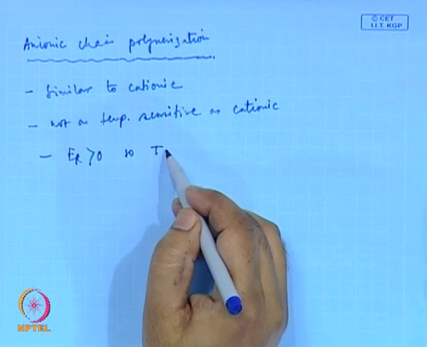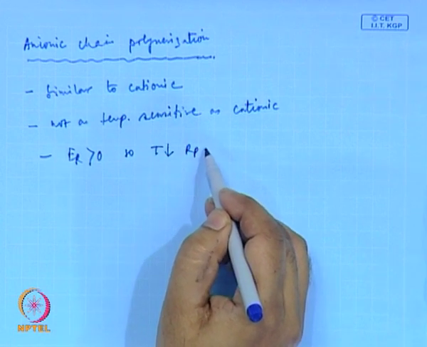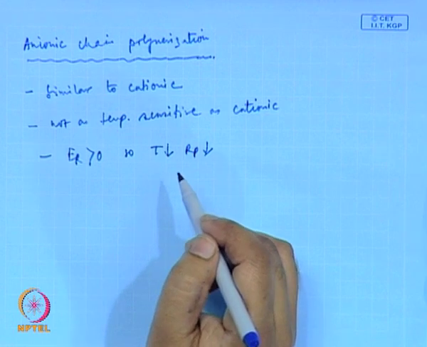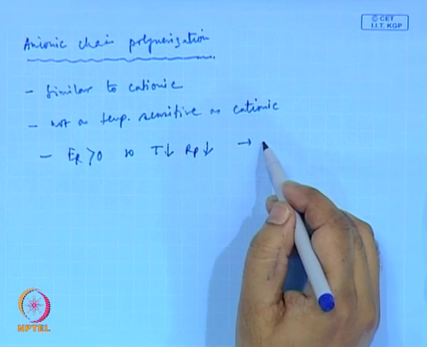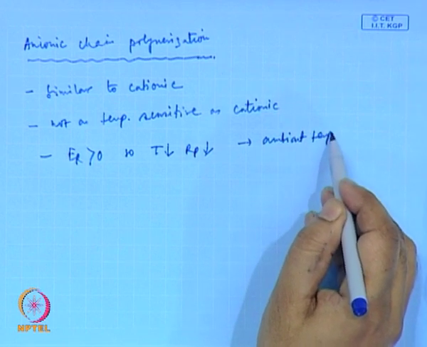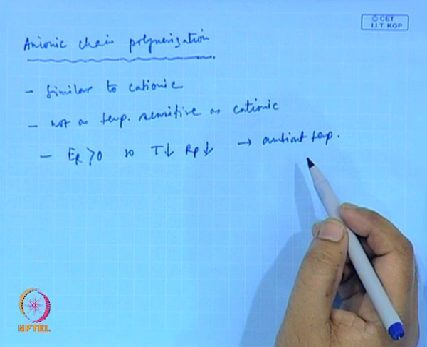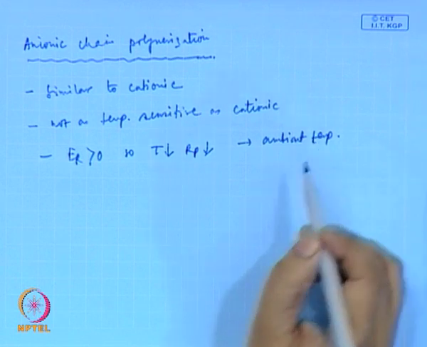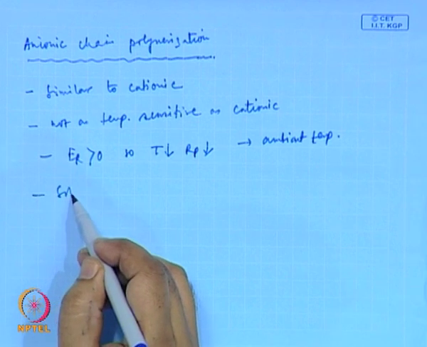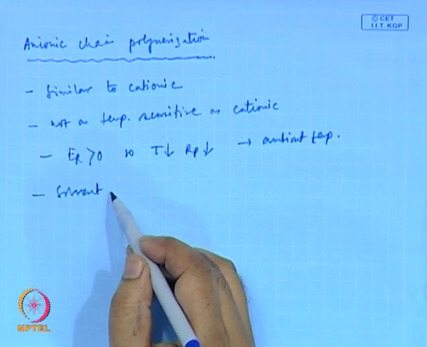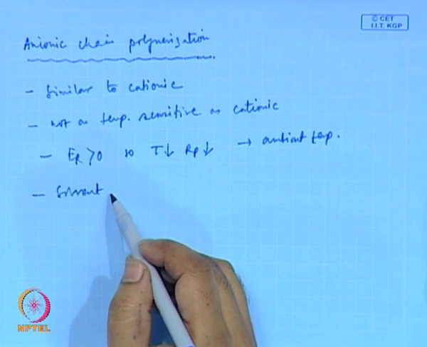So, if you decrease temperature, the rate of reaction goes down. So, generally reactions are done at ambient temperature or maybe slightly higher than ambient temperature. The solvent is very important, even more in case of anionic polymerization.